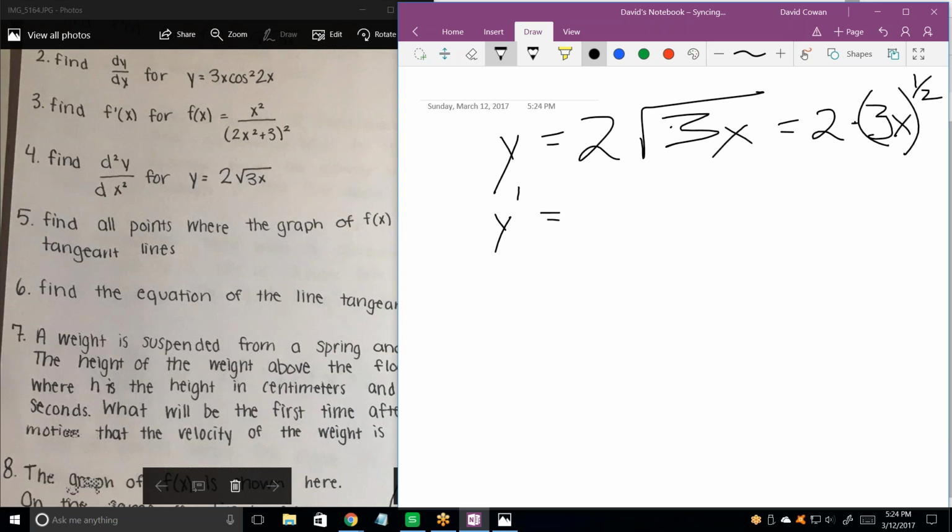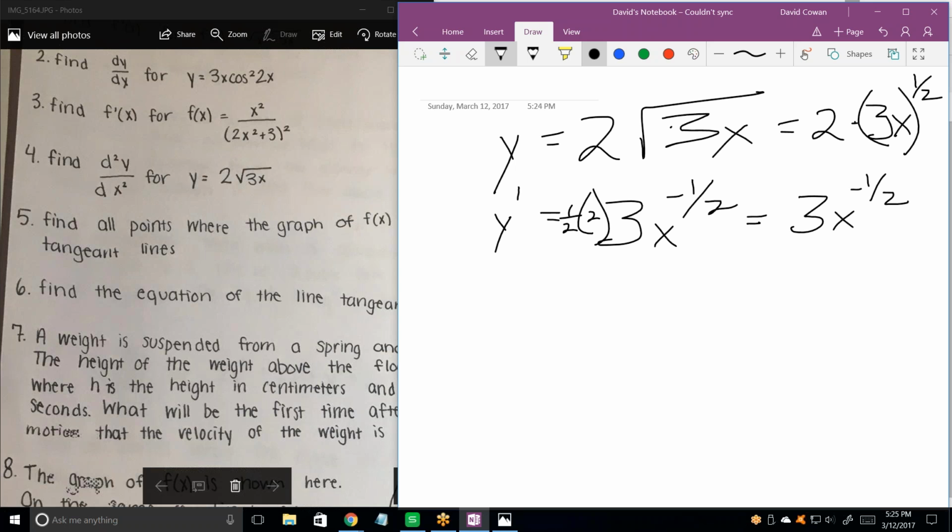Oh, wait, never mind. So it's 1/2 times 2, times 3x to the what? To the negative 1/2. Which is 3x to the negative 1/2, right?